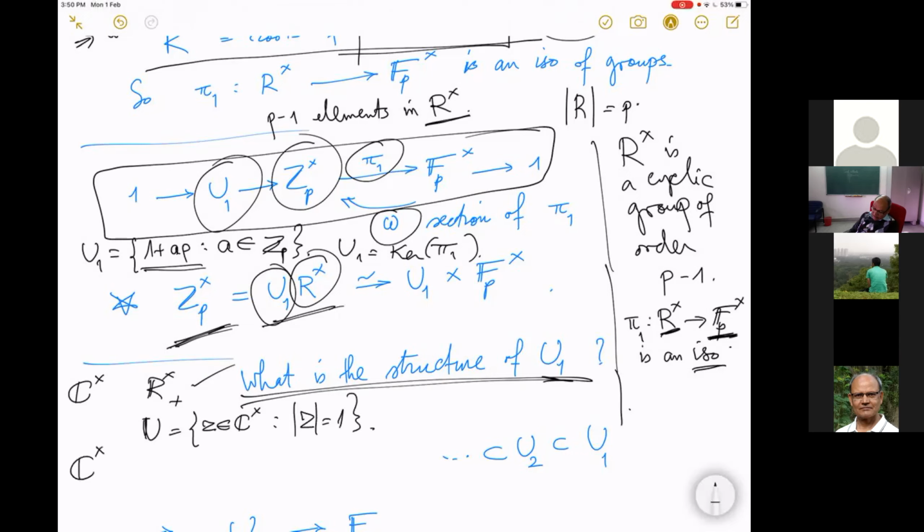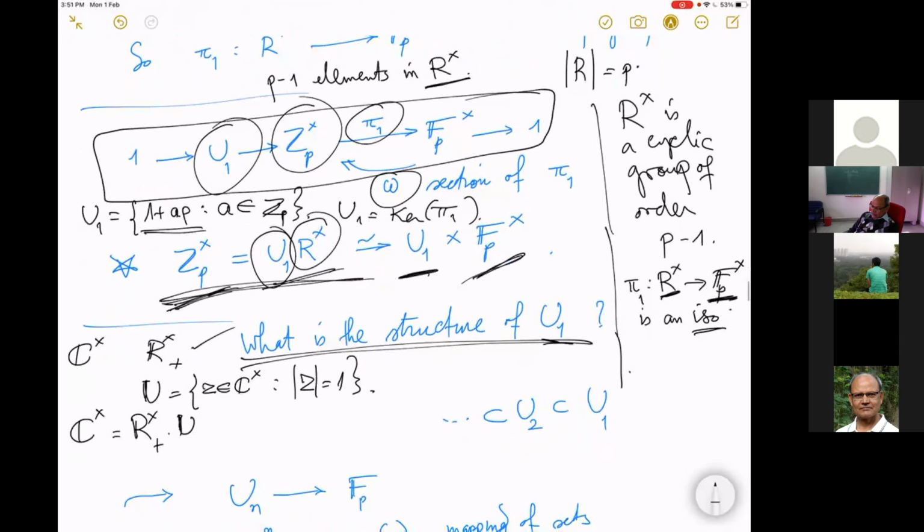And C star is the product of R star plus times this U. So similarly, Zp star is the product of U1 and R star. R star is finite, cyclic of order p minus 1, and U1 is what we are going to determine. What is the structure of this group?